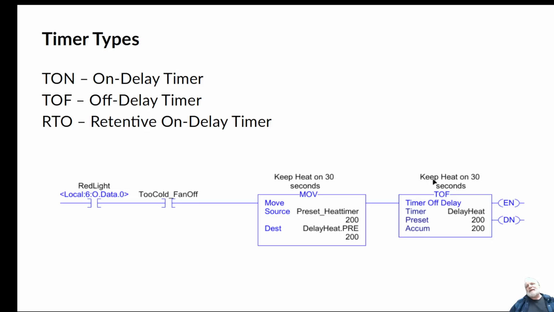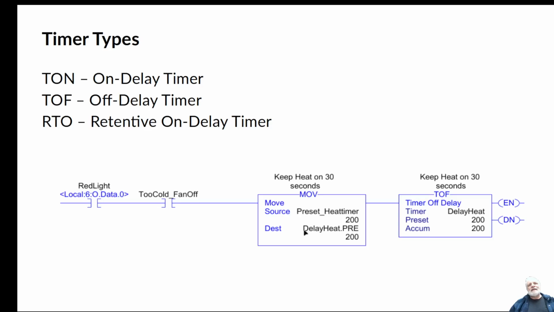So the idea here in this case is to have this delay fan run so that it'll run for a certain amount of time. In this case, I said 30 seconds up here, but I changed that time to 200 milliseconds actually.